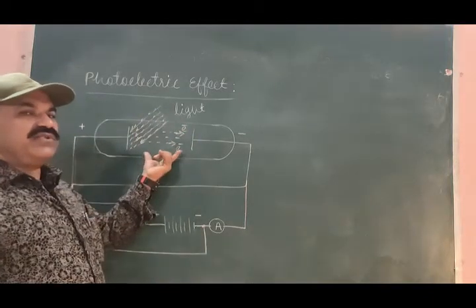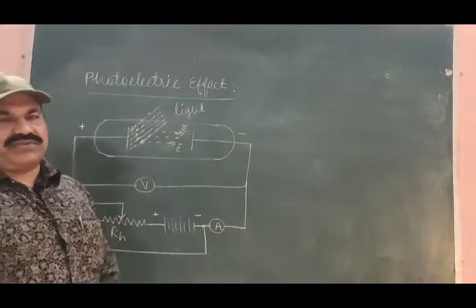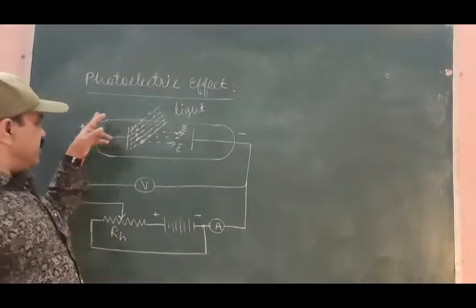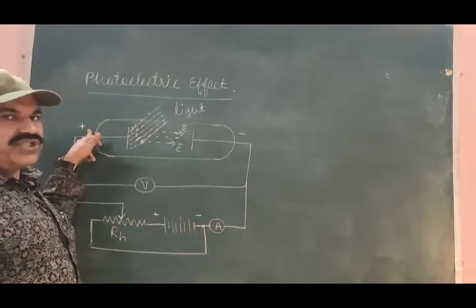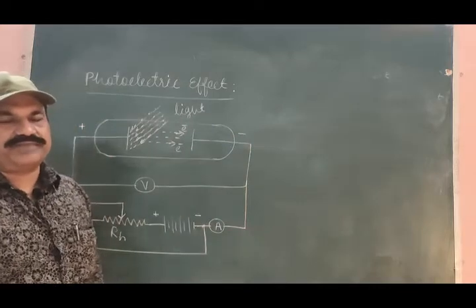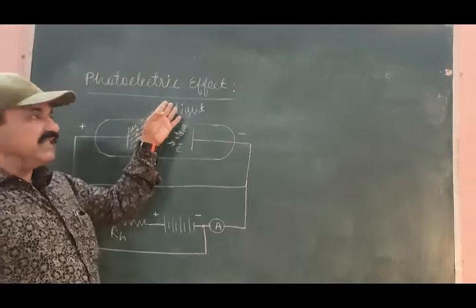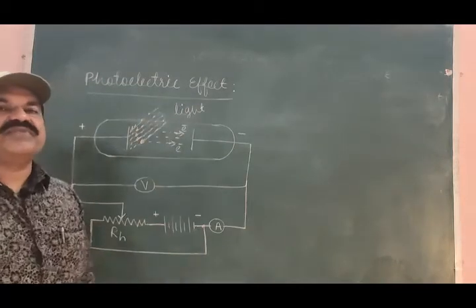There are two electrodes. This is anode, this is cathode. It is provided positive potential, it is provided negative potential. The anode is irradiated with the light energy of high frequency.